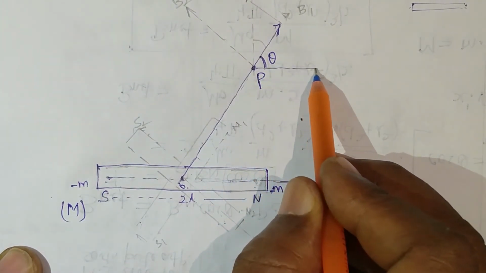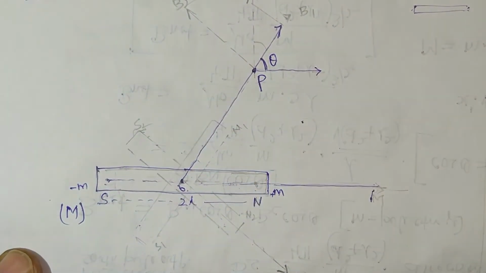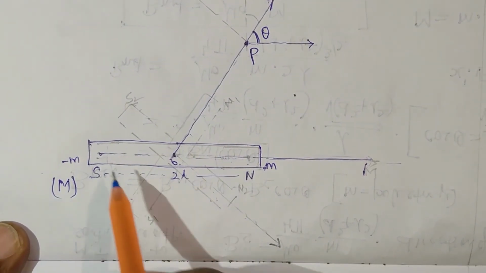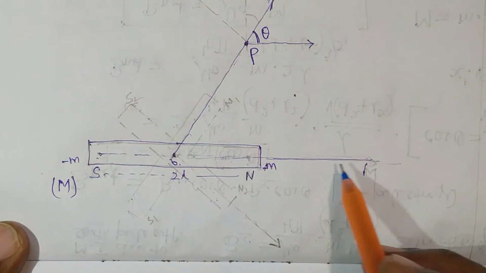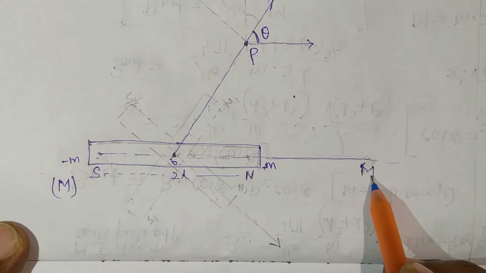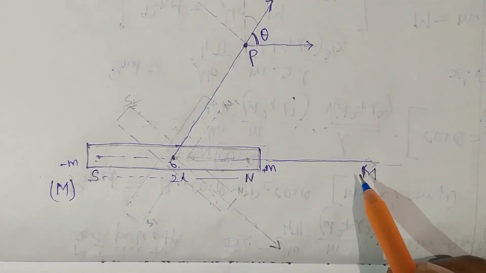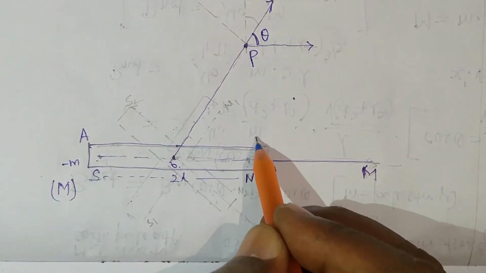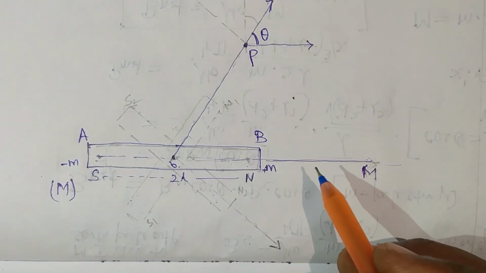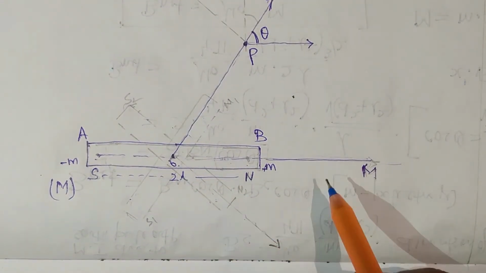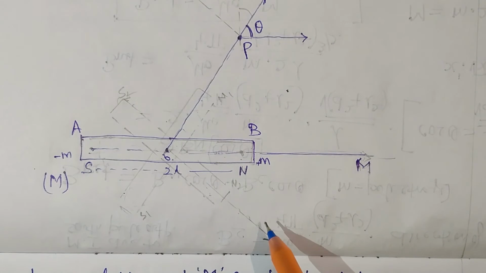So this is the parallel line. Let this angle be theta. Now we consider the magnetic moment of this bar magnet to be M. Let me mark this magnet as AB. Now this magnet AB of moment M can be treated as a combination of two magnets.